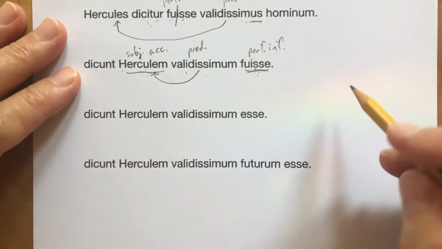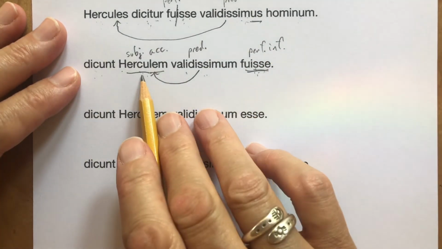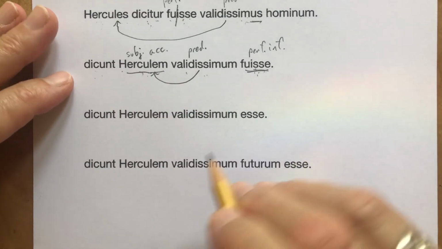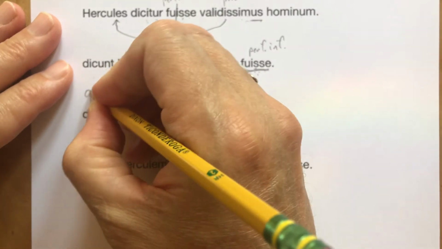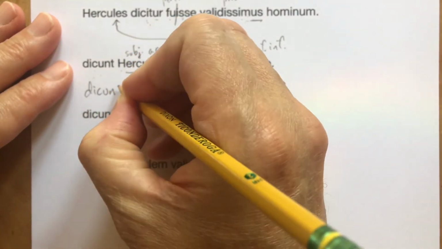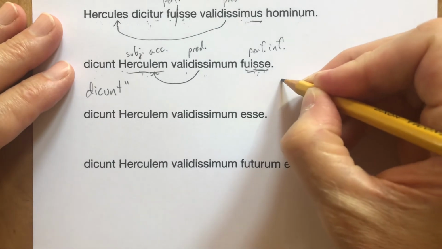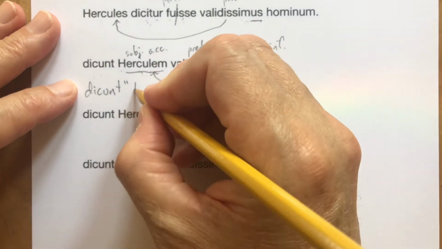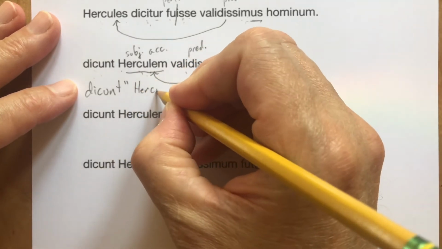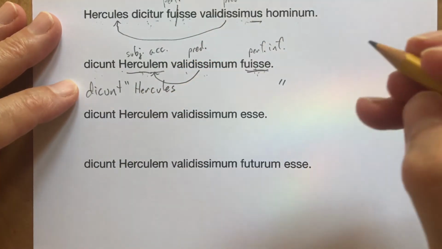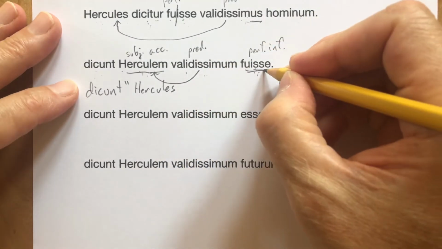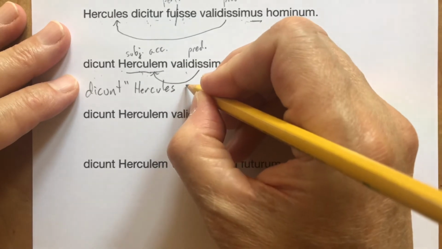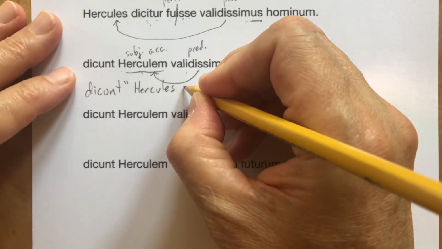So a verb of saying and then this infinitive and accusative construct here called indirect statement. Now, in direct statement, we'd have dicunt, they say, and then we would have quotation marks. And between the quotation marks, we would have Hercules in the nominative case, and then we would have the verb to be not in the infinitive, but in the indicative.